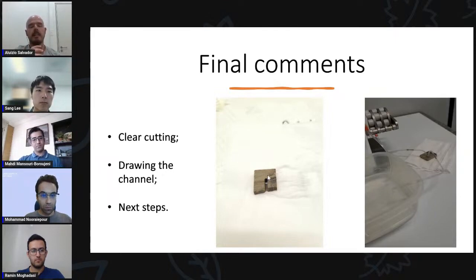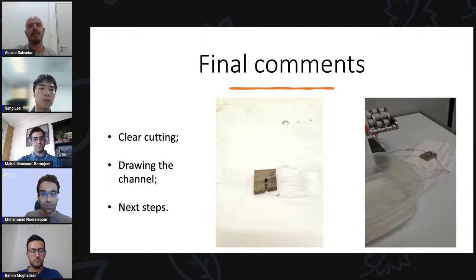So the cutting needed to be as precise as possible to obtain a flat surface, so the Kapton tape would do its work of sealing this channel, avoiding leaks and keeping the fluid only inside the channel, which, by the way, was our second challenge: to draw the channel, a relatively very small channel, 1 millimeter wide, 0.5 millimeter deep in the rock.